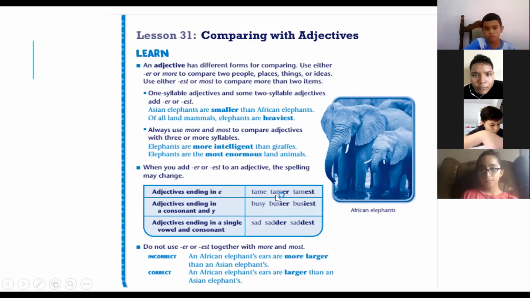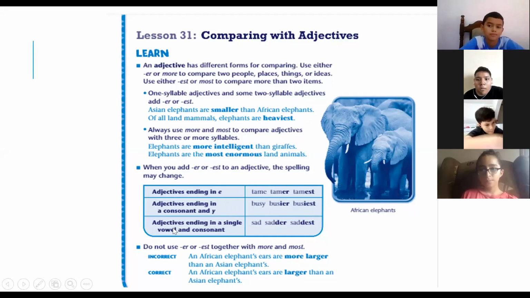You do not double the E. Then we have adjectives ending in a consonant and Y. Always remember this rule. When an adjective ends in Y, you are going to change the Y to an I and add the suffix. Like busy, busier, or busiest. You change the Y to an I.